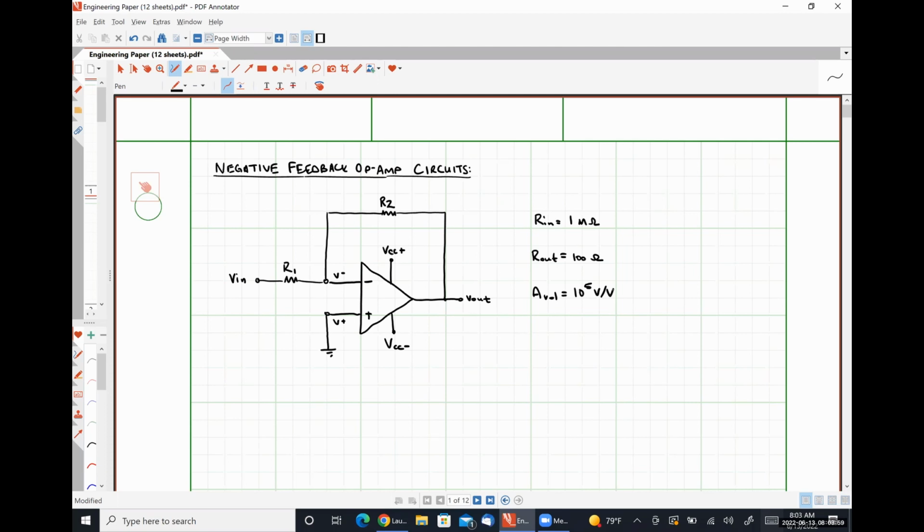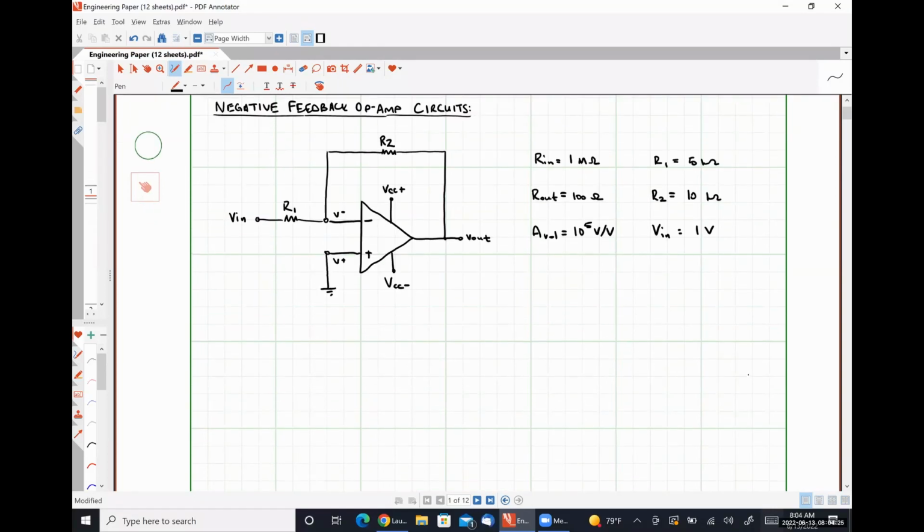For our feedback network, let's say that R1 is equal to 5 kilo ohms, R2 is equal to 10 kilo ohms, and let's say that our input voltage Vin is 1 volt in this case.